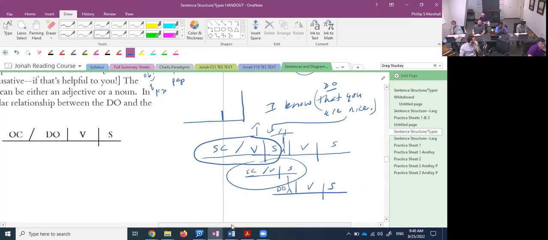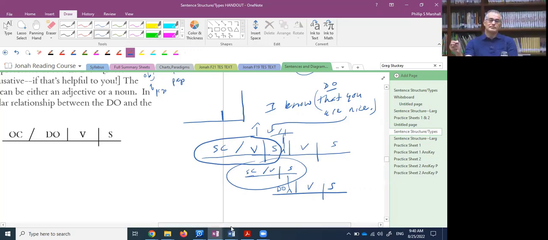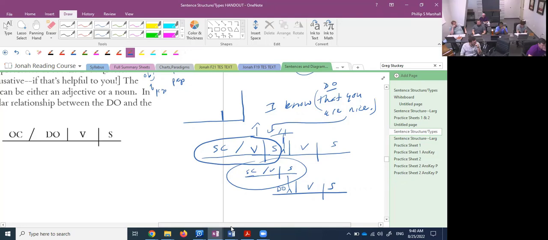Yeah, Dr. Marshall, question on the way you diagram that. That clause would go under, but you went above. Is there a reason for that, or does it just not matter which way?